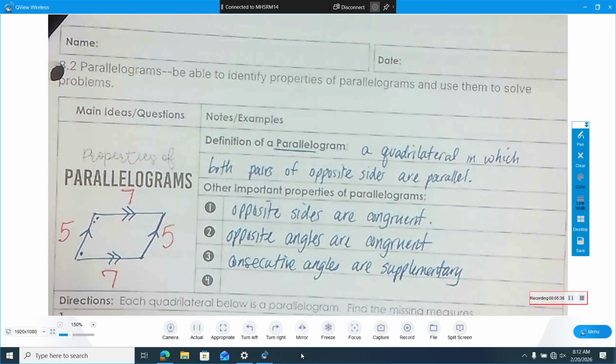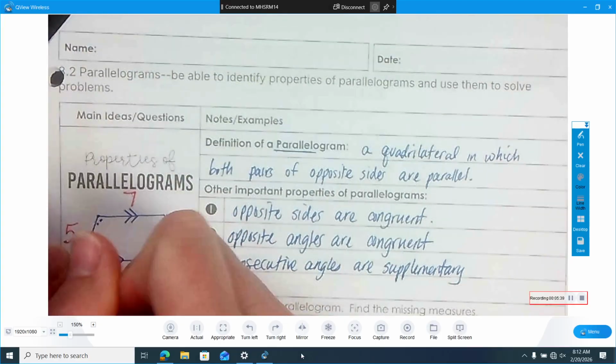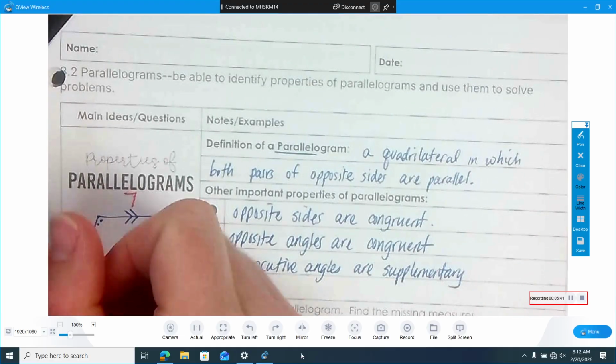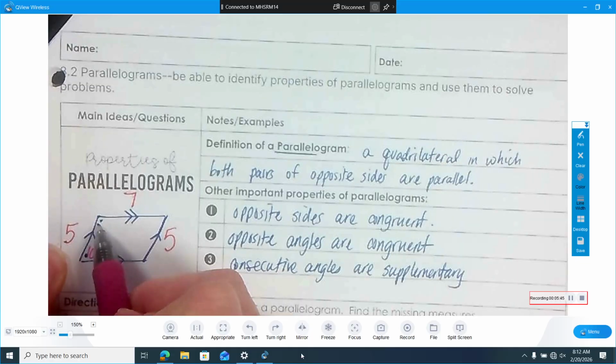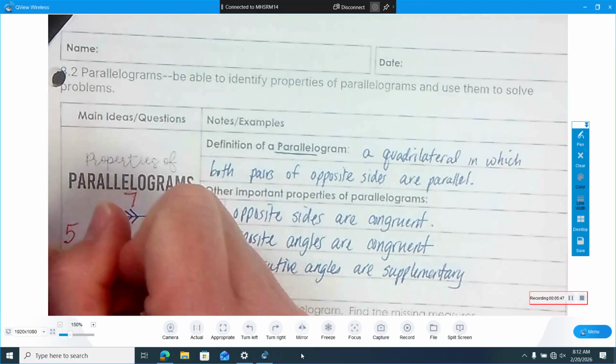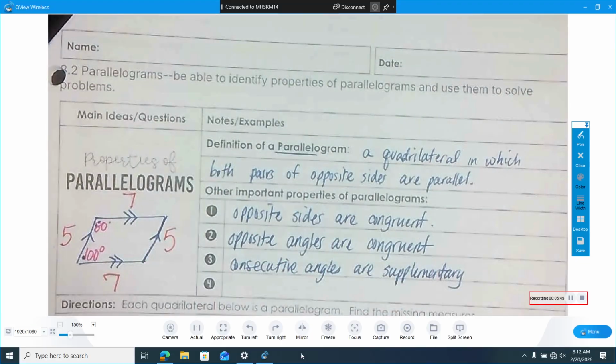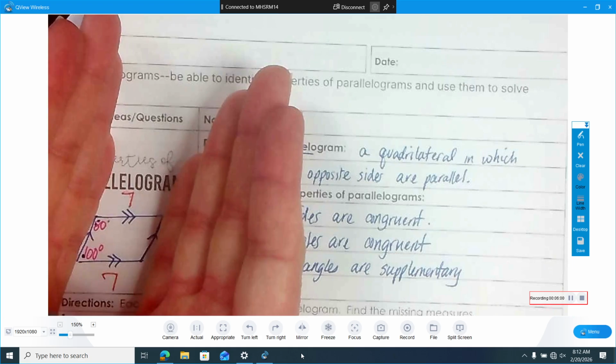Because we have parallel lines, so what does that mean? Let's say this angle is 100 degrees. What's this double dotted angle I put here? 80. 80 degrees. They're between parallel lines, so those consecutive interior angles are supplementary. And we can continue working our way around because we have another pair of parallel lines here.